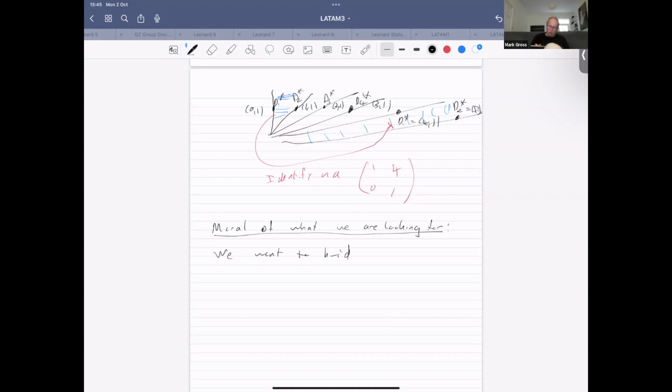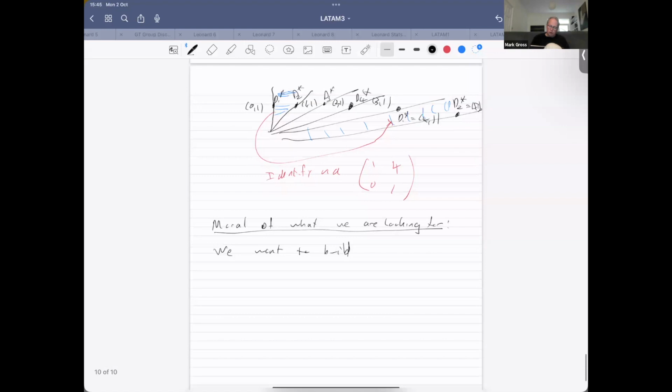Actually, it turns out that what we were going to build is not a complex structure on X of B, but a complex structure on X check of B, because that's the correct thing for the mirror for us. And this will be determined by certain kinds of corrections.